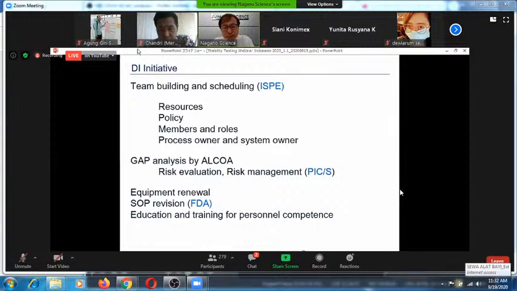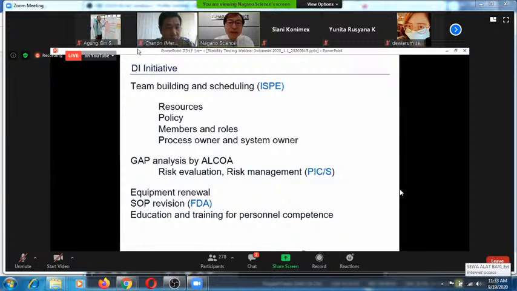Through team discussion, make a gap analysis, risk evaluation and risk management. This is a big guideline. And we do equipment renewal and SOP revision, which is sometimes mandatory by US FDA. We also do education and training for personnel competence.